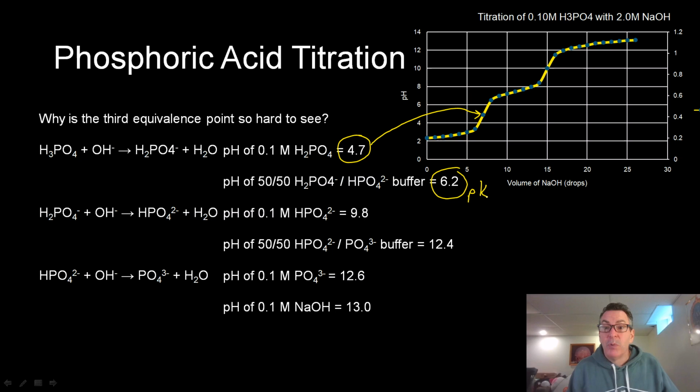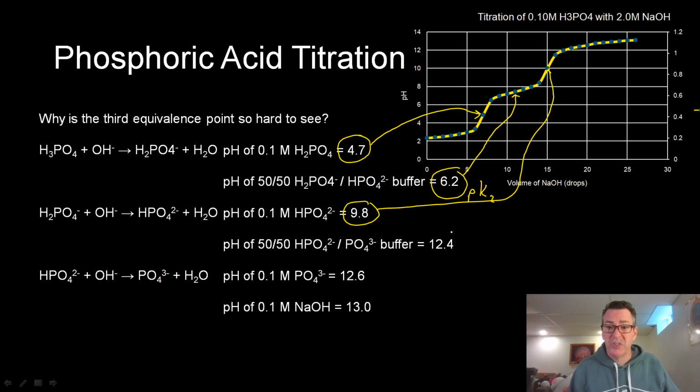That would also be the pKa of H2PO4-. Turns out that's pKa2 for phosphoric acid. That comes right in there, right in the center, kind of the midpoint between these 2 equivalence points. Then if all I had was HPO4 2-, that would be right in there, 9.8 for that one.